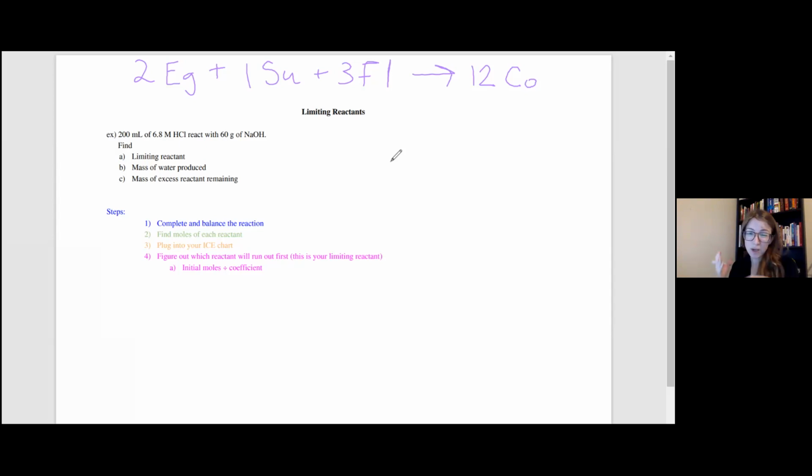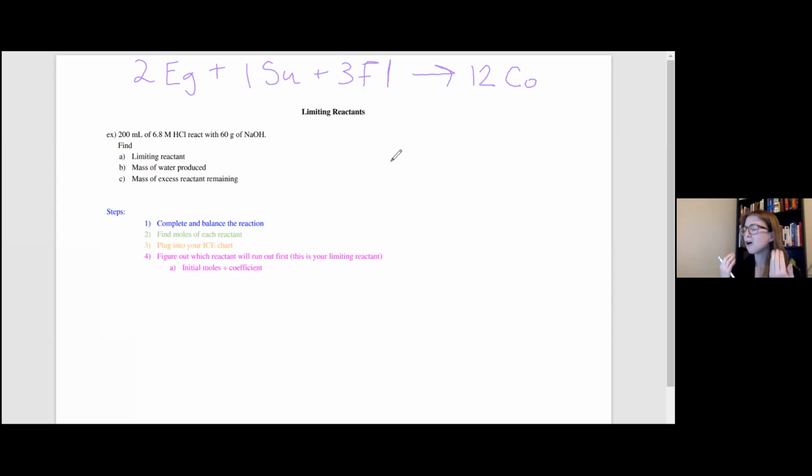We have a different amount of things and we're using them up at different rates. All of that has to be taken into account when we're trying to figure out what we are running out of first. And so that can be pretty complicated, thinking, well, how much do I have and how fast am I using it? And so that's why we're gonna go through this whole process that might feel a little tedious, but it helps us keep everything accounted for.